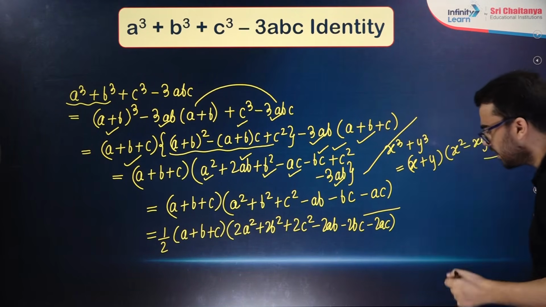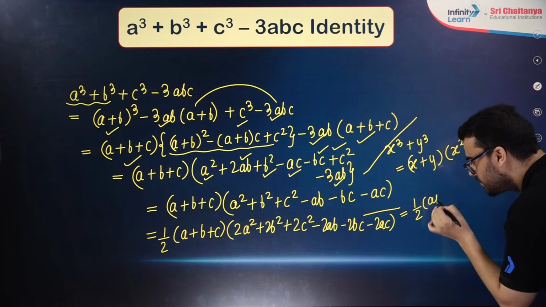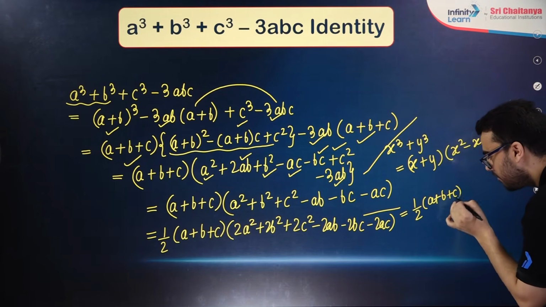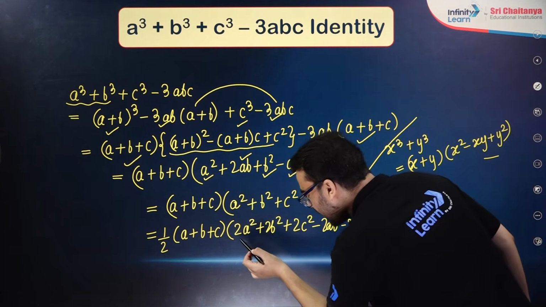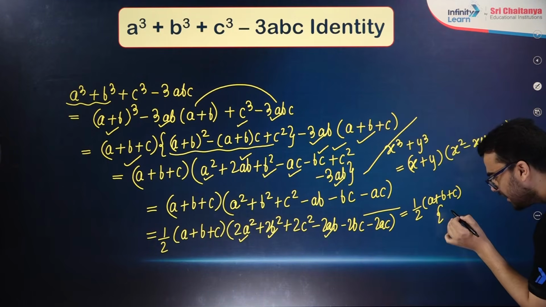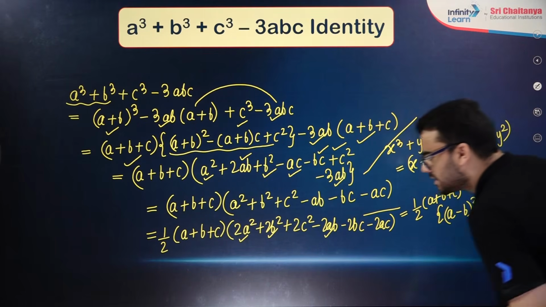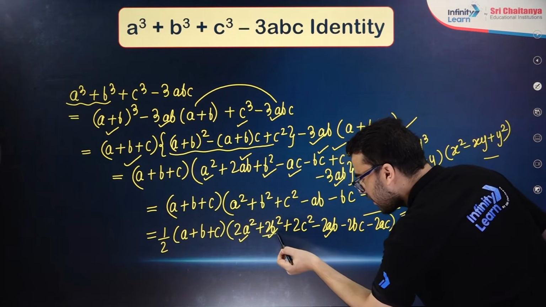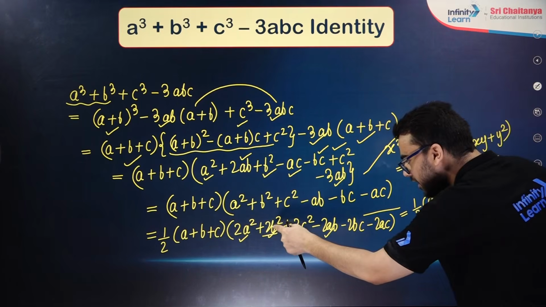Now you see over here, this is nothing but half into (a + b + c) multiplied by, you see, a² and b² I can use and −2ab. Isn't it (a − b) the whole square? Similarly, 1 b² I have used over here, but 1 b² is left.